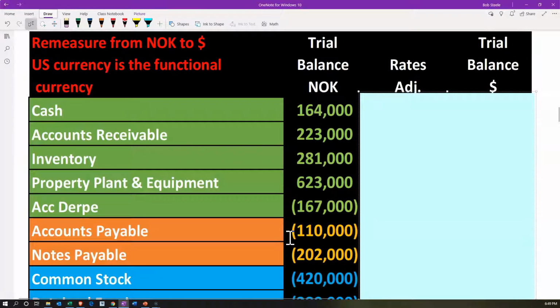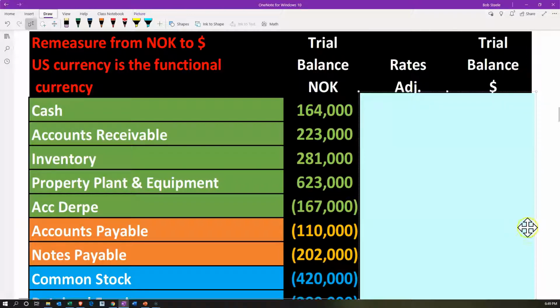Now, when we think about this, it would be the easiest thing to do if we were going to remeasure this thing to the US dollars using some type of exchange rate. It would be nice if we could just pick one relevant exchange rate and just use that the whole way through, because if we could, then we would end up with something that would be in balance, because we're starting with something in balance, and if we were multiplying it all by the same thing, then the ending number would be in balance.